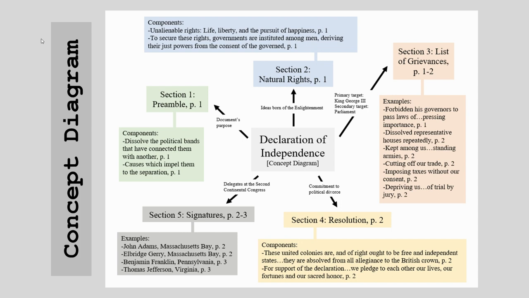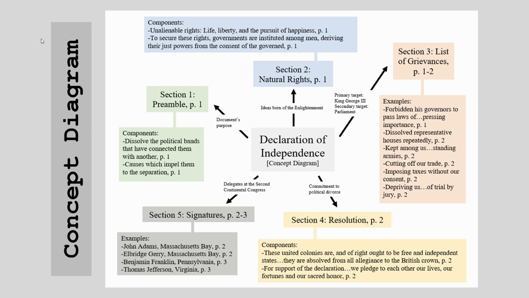You'll also note, if you look at this model I've created, it goes in a clockwise manner: Section 1, 2, 3, 4, and 5. I've also color-coded. We've got green, blue, orange, yellow, and gray.